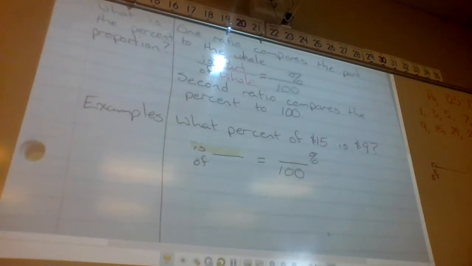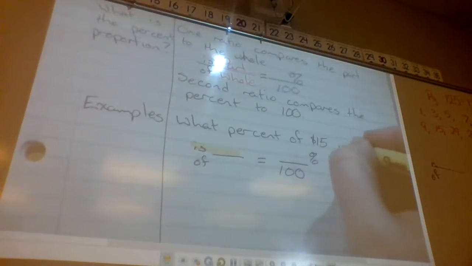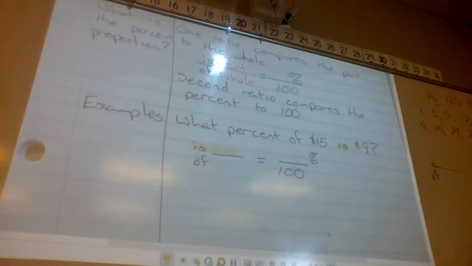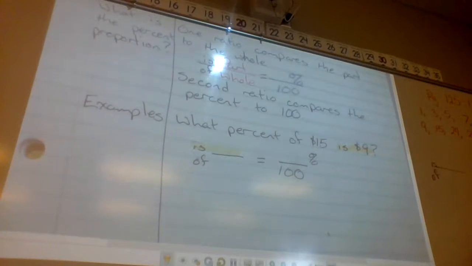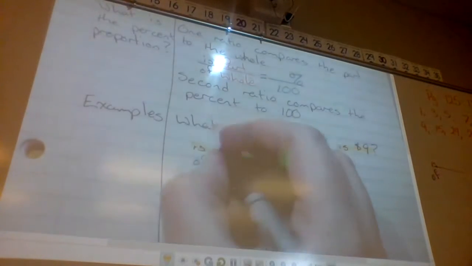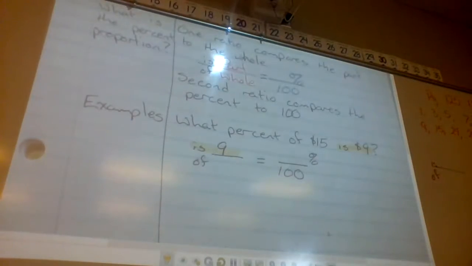Do you see that word is? Let's grab that word is. Is that is talking about $15 or $9? It's actually talking about the $9. It says is $9. That will tell you what goes in this spot: $9.